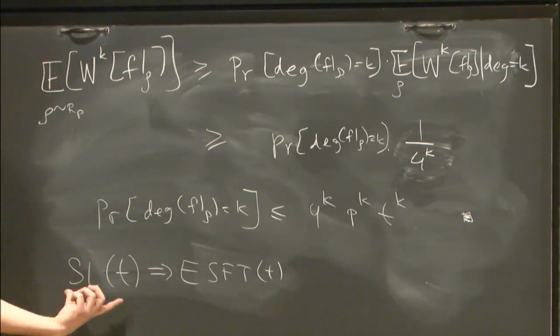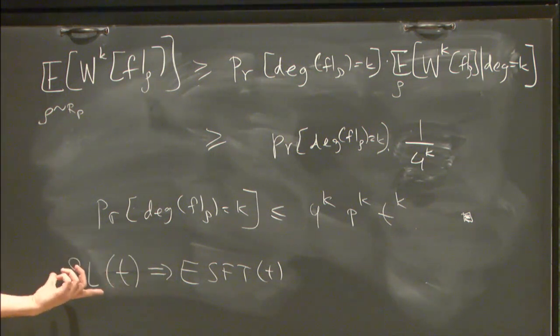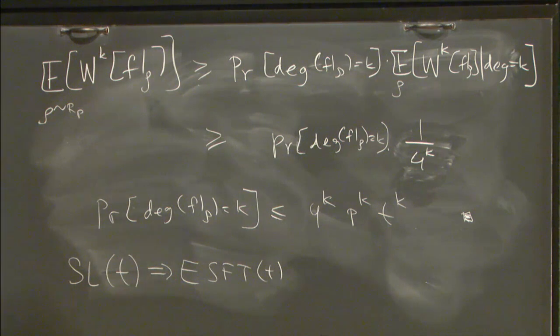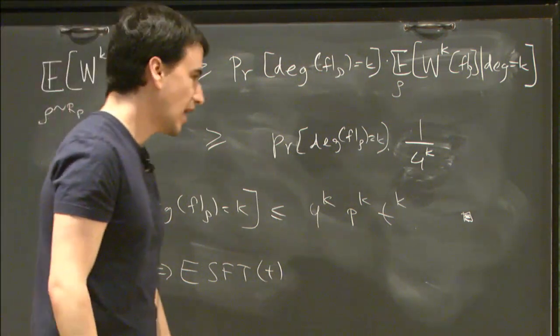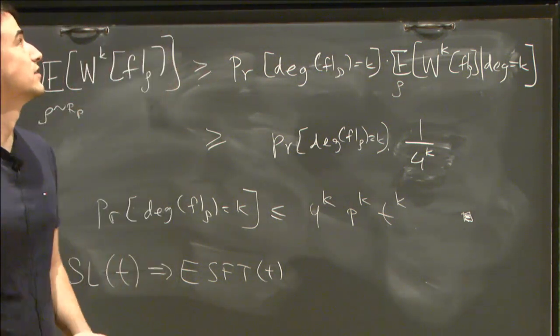So Håstad proved the switching lemma for DNFs and for AC0, and they deduced from it exponentially small Fourier tails. Okay, so maybe now it's a good time to move to the applications.